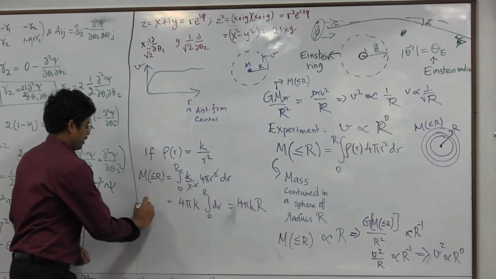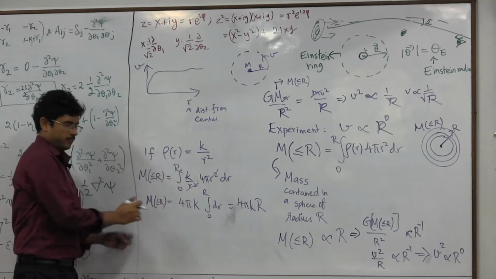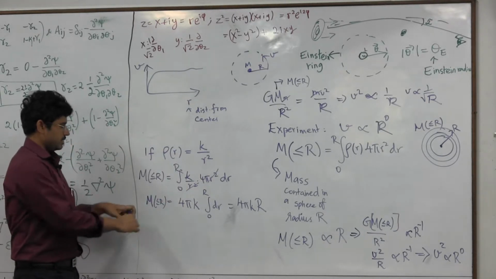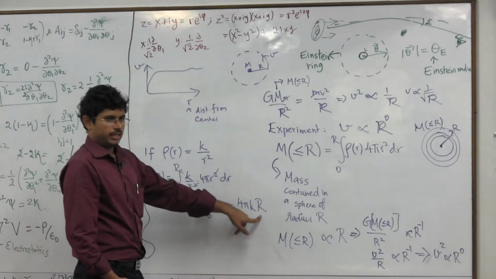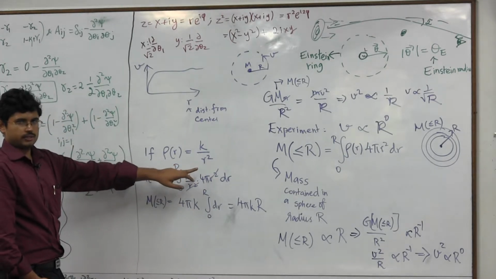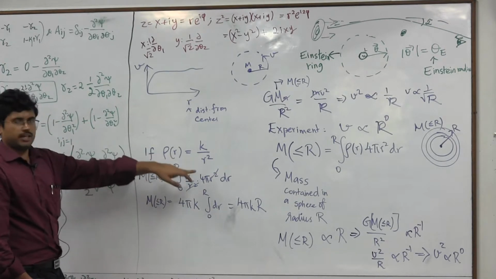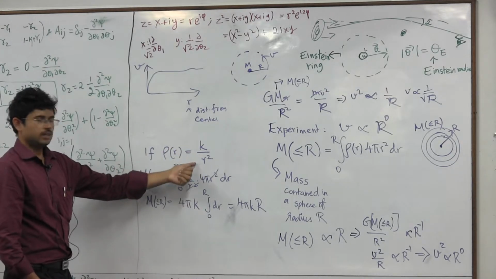So m, the mass within a sphere of radius r, goes proportional to the radius r itself if the density goes as 1 over r square. So the farther away you get from the center of the sphere, the density should reduce in this manner.